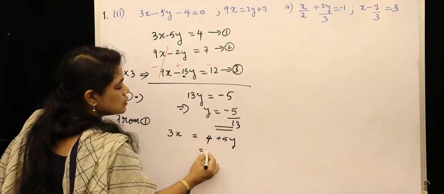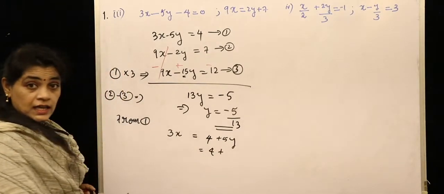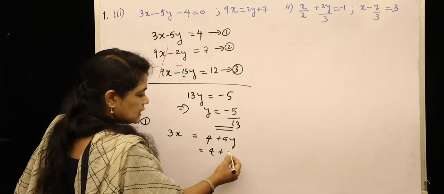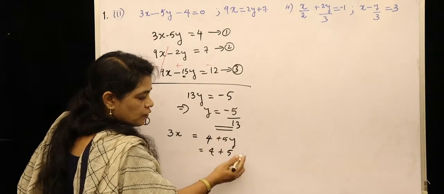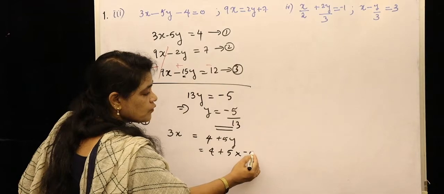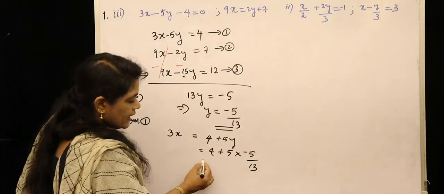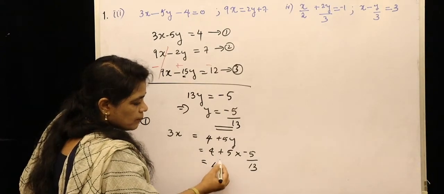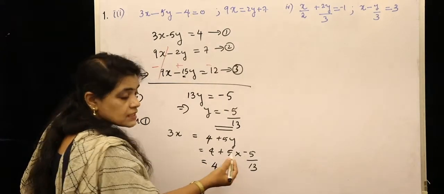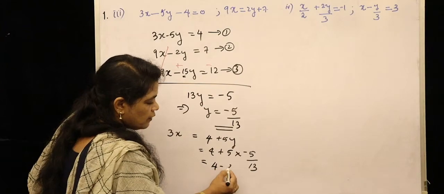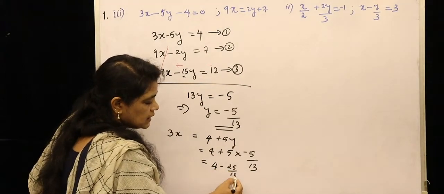Now I am going to substitute the value of y as minus 5 by 13. 5 into minus 5 by 13. So here you will get 4 plus, 5 fives are negative 25, divided by 13.